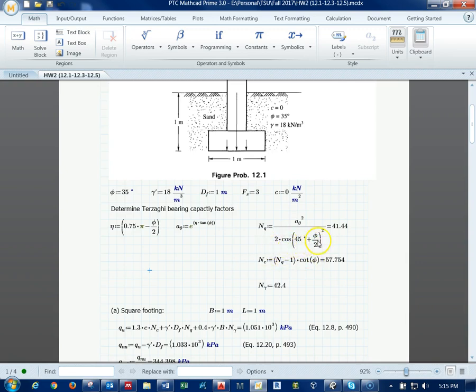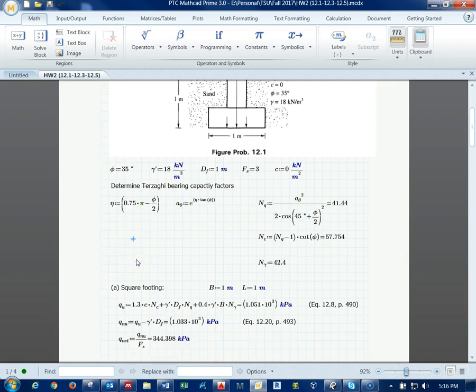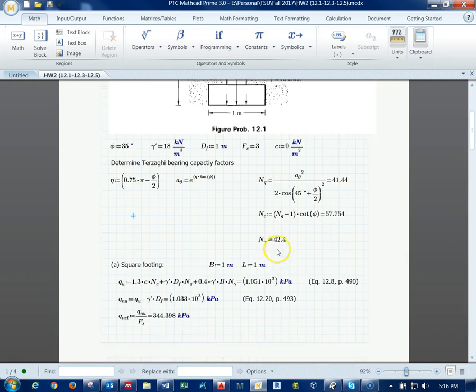In MathCAD, you can't do the square in between the parentheses and the S. You have to do it afterwards. So that gives you the square. Then NC is NQ minus 1 times the cotangent of phi, and then N gamma, it's complicated, so I just typed it in by picking it off of the chart.